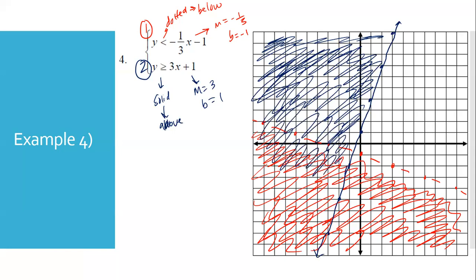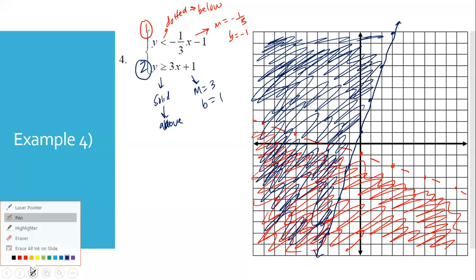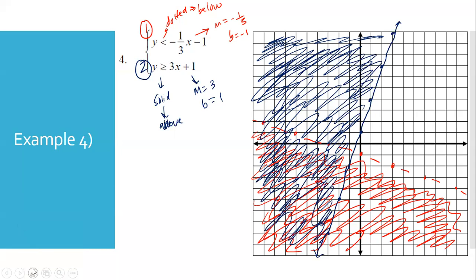And where they overlap is my solution. So I'm going to make mine darker so I can see it.